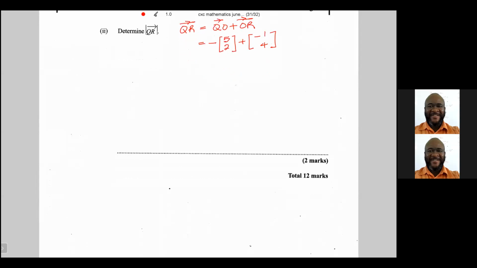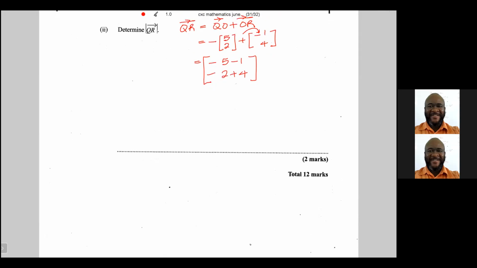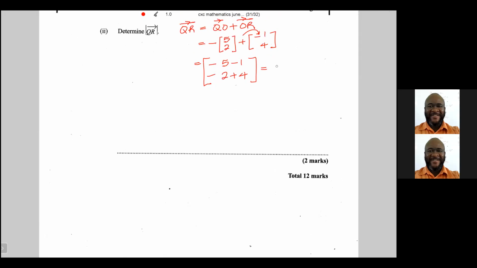So this is minus 5 minus 1, minus 2 plus 4. Here, positive times a negative is a negative. So this would be -6, positive 2.